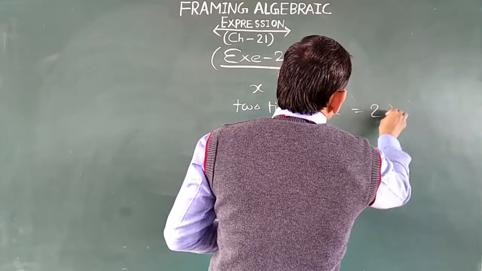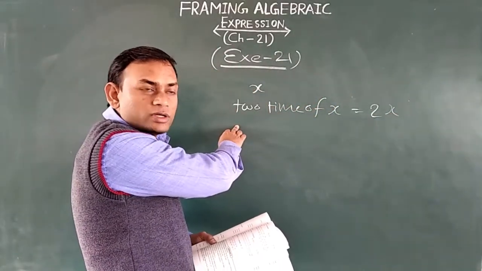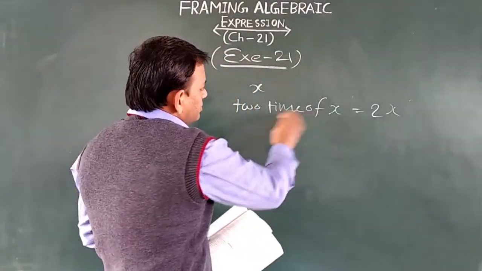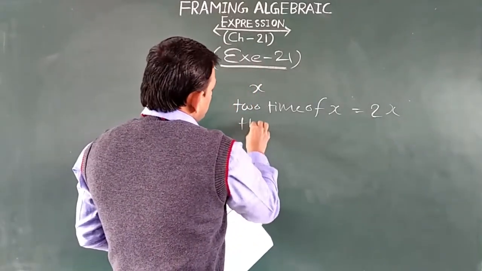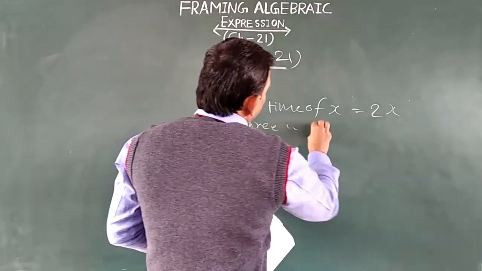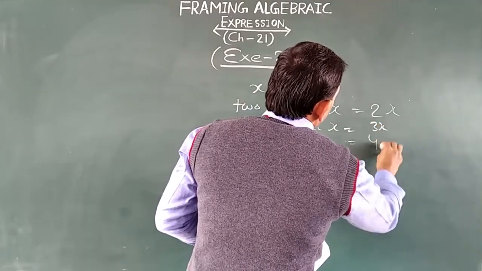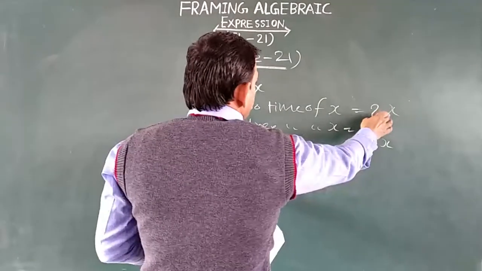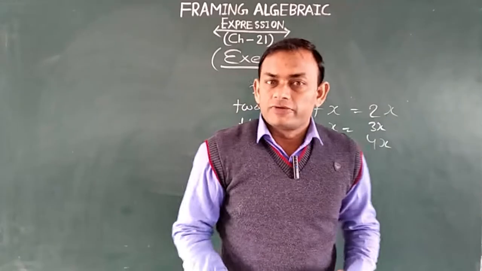You will write 2x, meaning you multiply this variable by 2, 2 guna of x. Same for 3 times of x, it will be 3x, and 4 times it will be 4x. It means we just multiply that variable by 2, 3 or 4, whatever term is given.